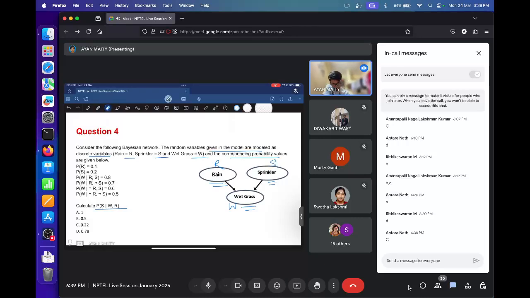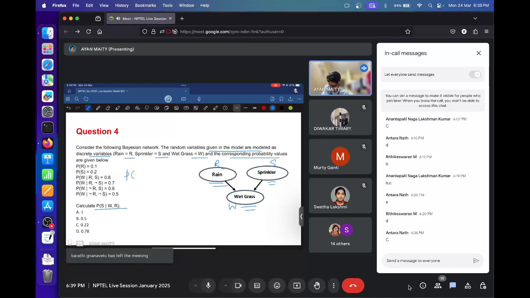This probability calculation might seem slightly difficult to understand, but we simply need to use the Bayes theorem to compute this. So this is the probability that we need to find out, probability of S given W, R. So we will apply Bayes theorem to it.